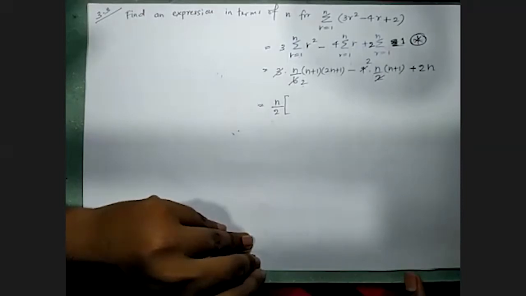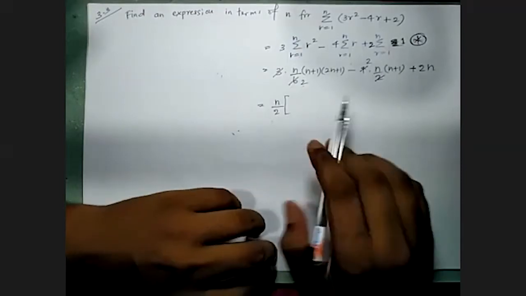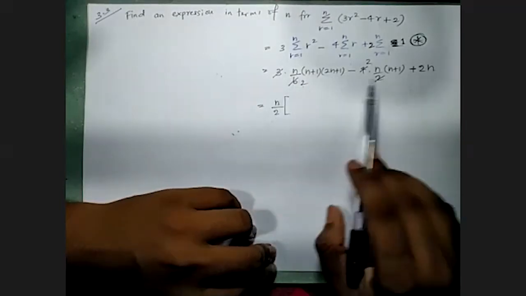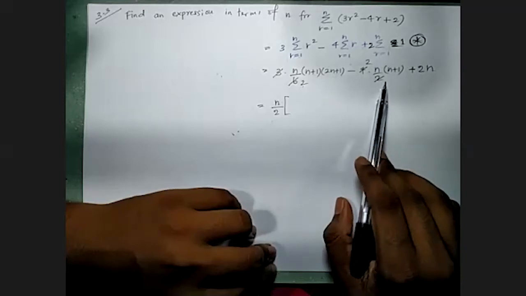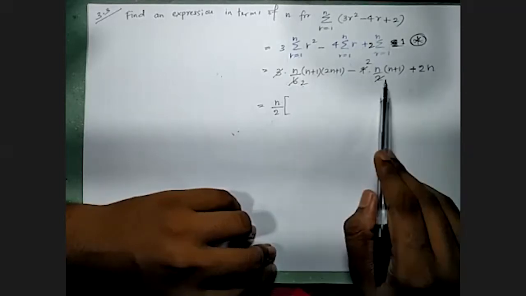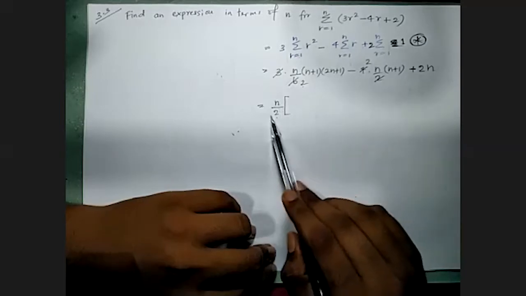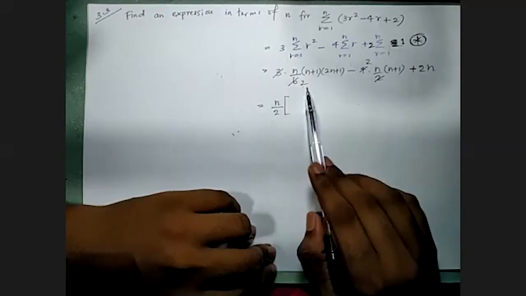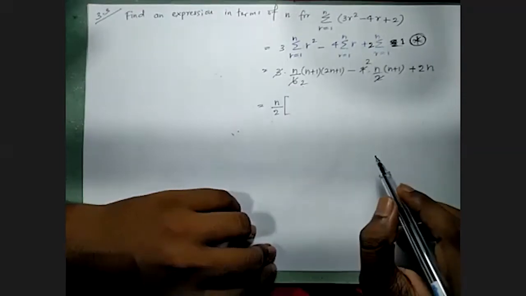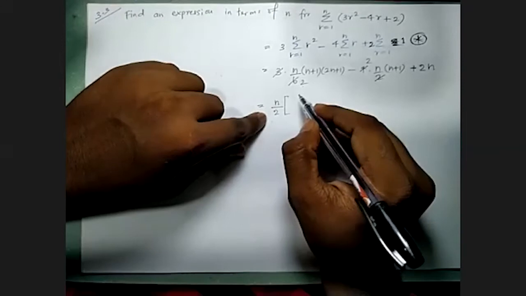That is an easy way of simplifying. If you have 2 denominators, then take the LCM. Let's say we had 3 here, we have to take 2 times 3, 6 as the common denominator. Here we have only 2, so just 2 is the common factor written in the denominator.